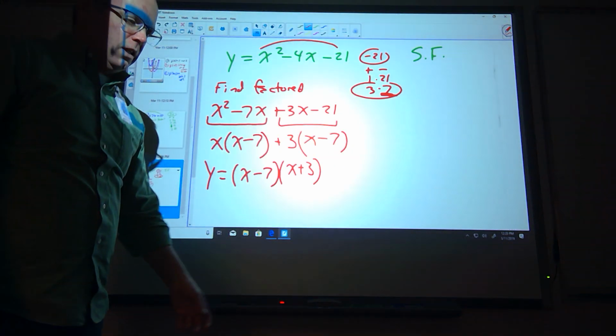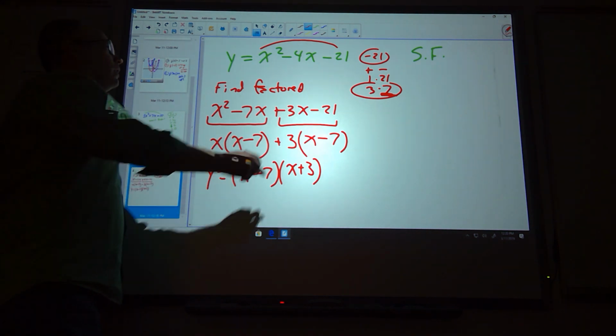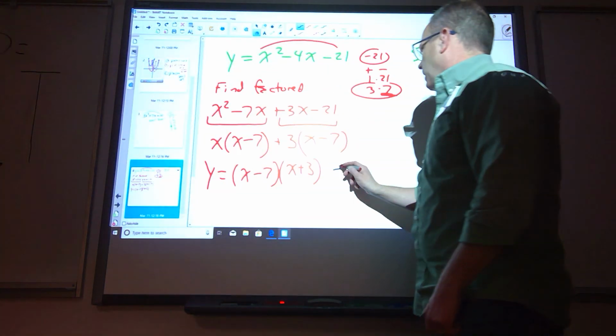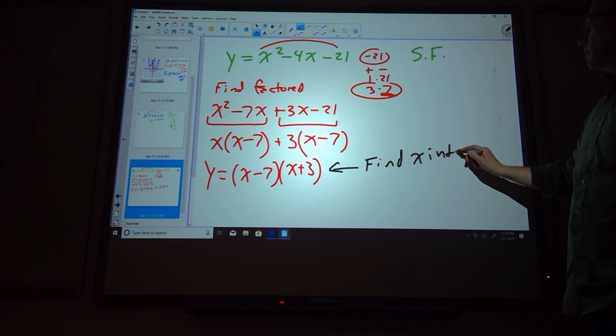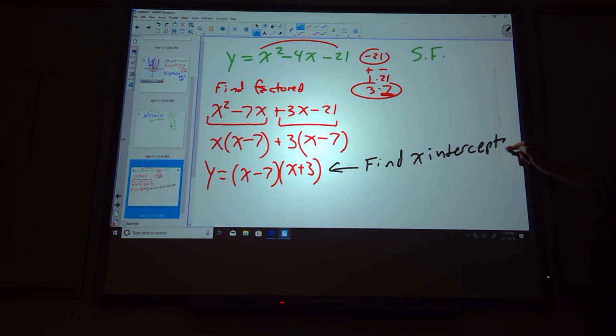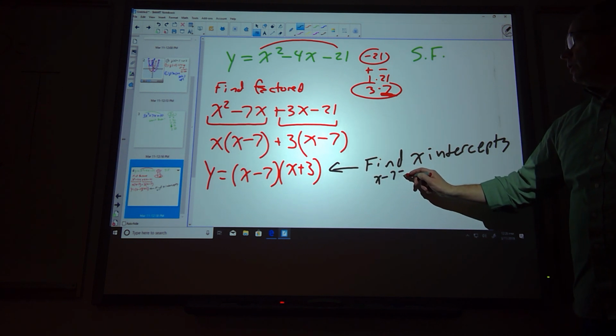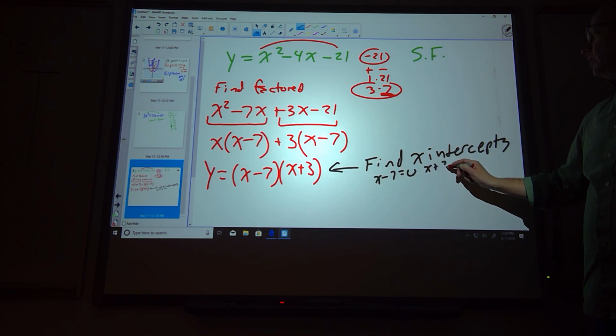And then it says next to it, hey, find the x-intercepts. Well, from this, I can find my x-intercepts. How? Yeah, so I can either look at it and say, well, it's both those opposite values, or I could take each and set them equal to 0 and solve. It's your choice.